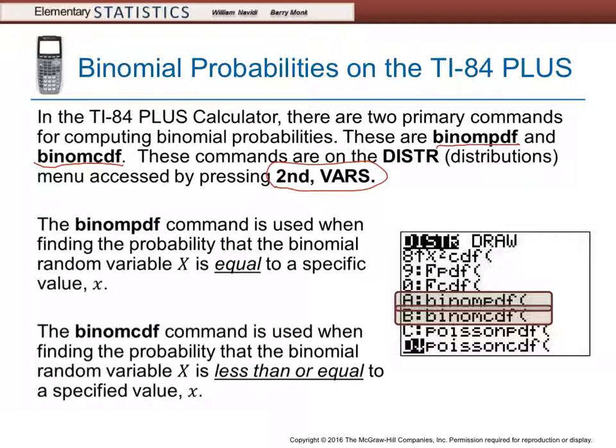The binomial PDF command is used when finding the probability that the binomial random variable x is equal to a specific value x. The binomial CDF is used when finding the probability that a random variable x is less than or equal to a specified value of x. When you get to second vars, you keep moving the arrow key down until you find either one of these two options.